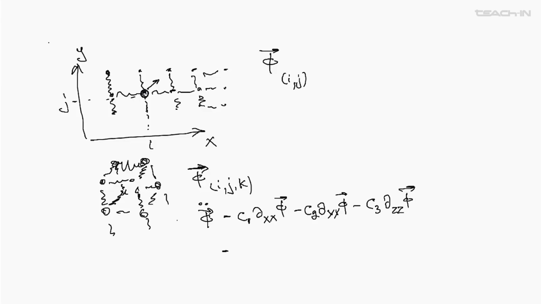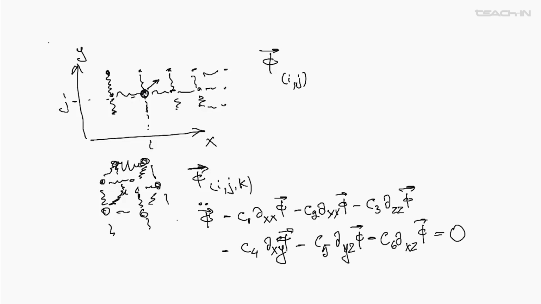but also there will be cross derivatives: C4 d_x d_y acting on phi, minus C5 d_y d_z acting on phi, and then minus C6 d_x d_z acting on phi, is equal to 0, where these coefficients C1 to C6 encode the properties of our solid.